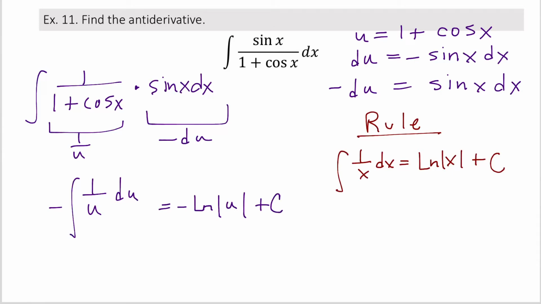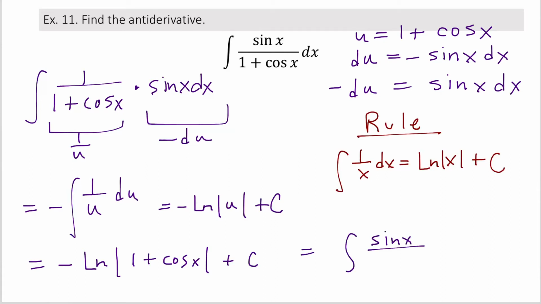All right, subbing back in for u, we've got negative natural log of 1 plus the cosine of x, absolute value, plus c. And that's what the integral of sine of x over 1 plus the cosine of x dx would be.